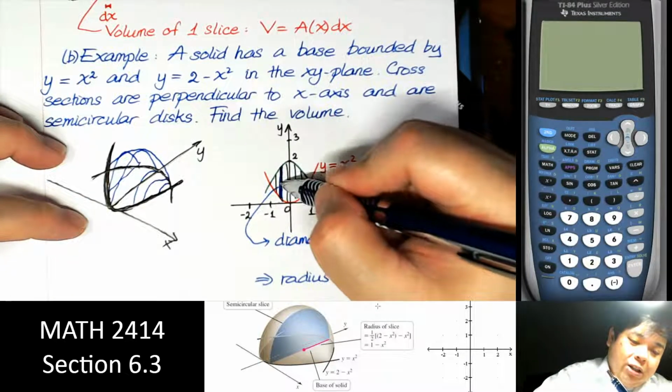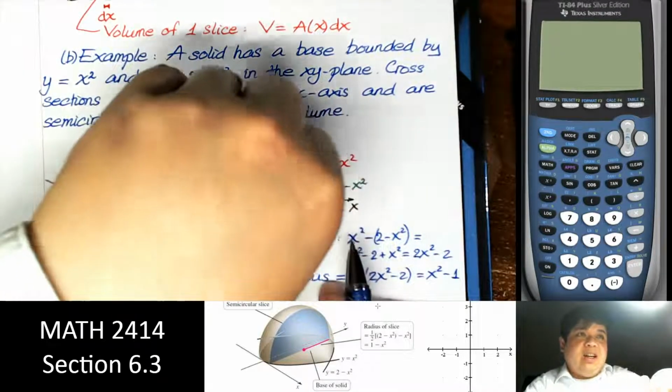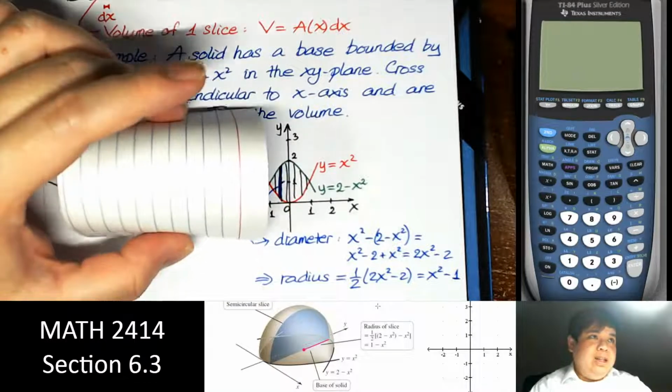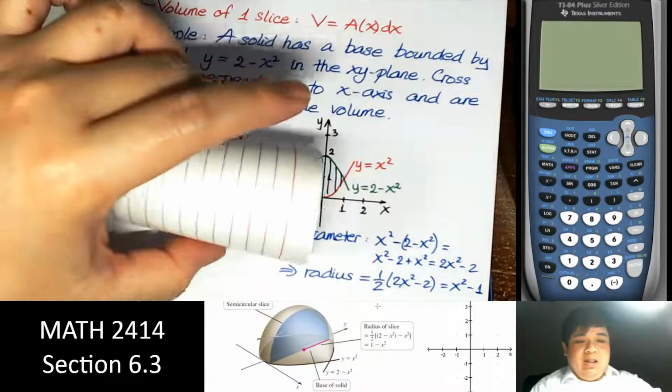So that is the radius of that semicircle. So we're just going to stack this on top of it. So it's like this. I'm trying to zoom in. So this is a semicircle on top of it.